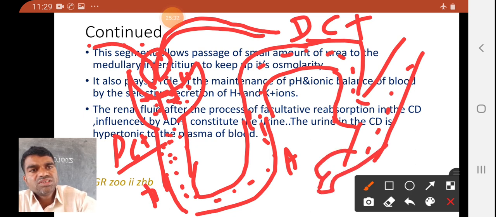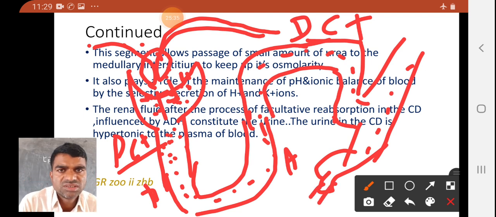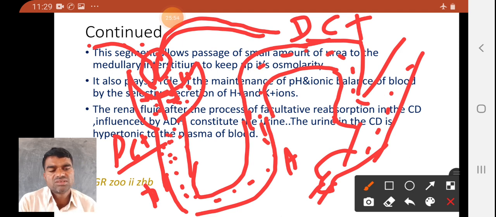Now the urine is excreted outside, eliminated from the urinary bladder to the outside. So the urine is called hypertonic urine or hypertonic solution, right? So this is the formation of urine.